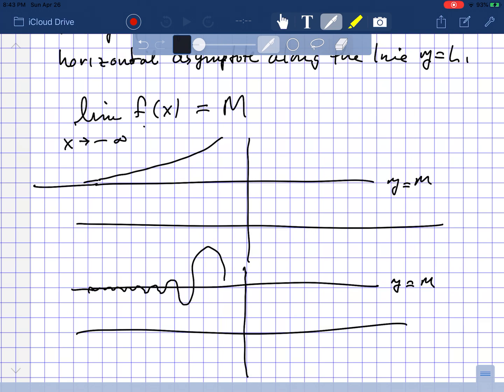So the values of f of x are getting closer and closer to m the farther I move out along the x-axis in the negative direction away from the origin. So our graphs of the function f might look like this, or this, but they could do something like that also.